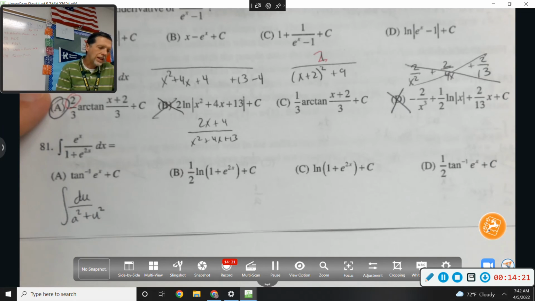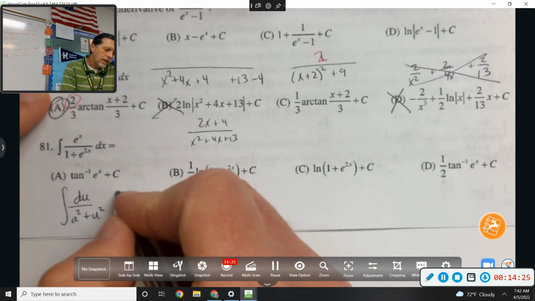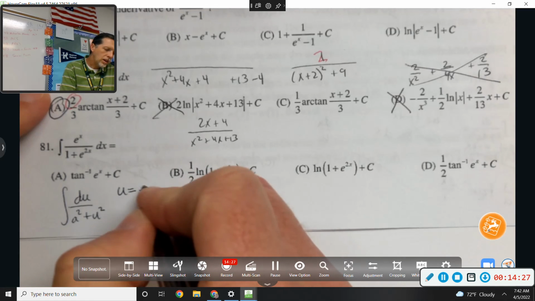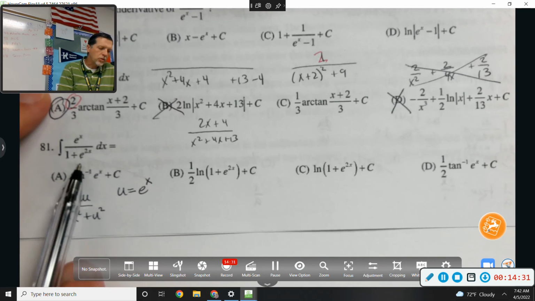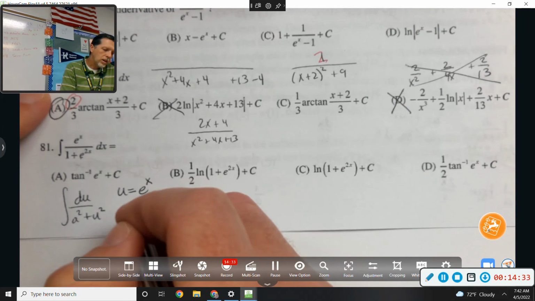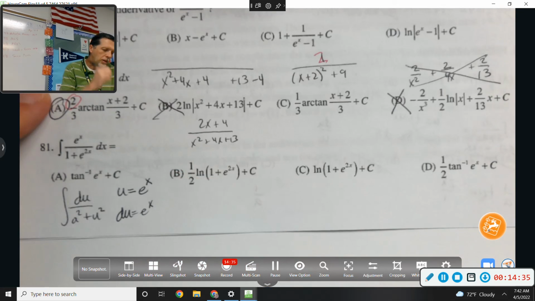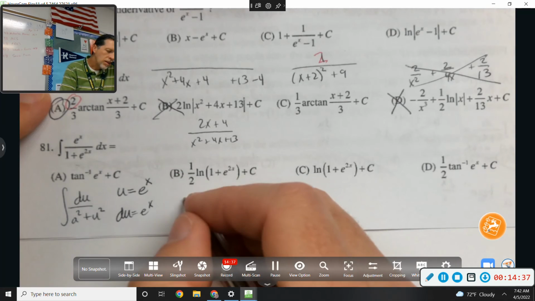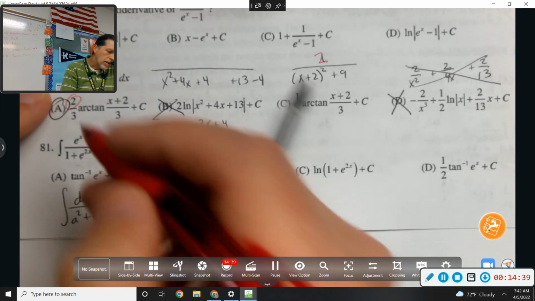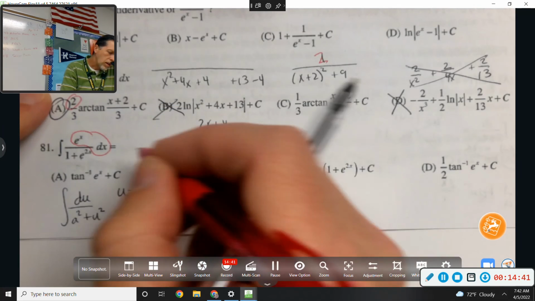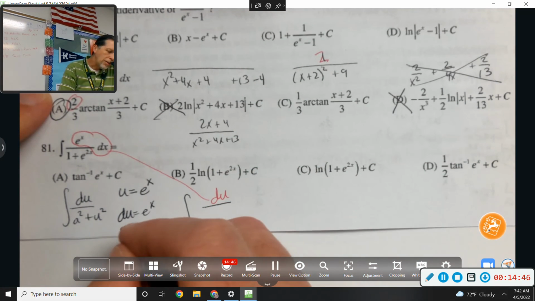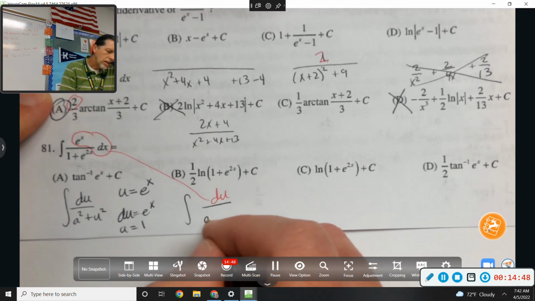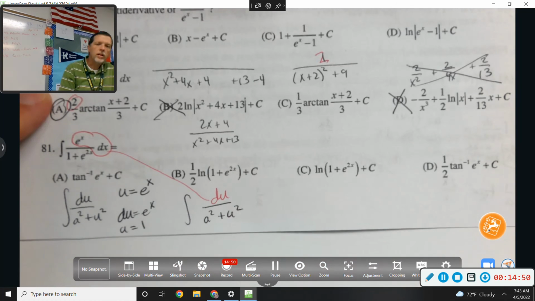Again, that's just recognizing the problem. If we let u be e to the x, then that bottom would be u squared. du is e to the x, so that would be the top. We're going to a squared plus u squared, so inverse tangent.